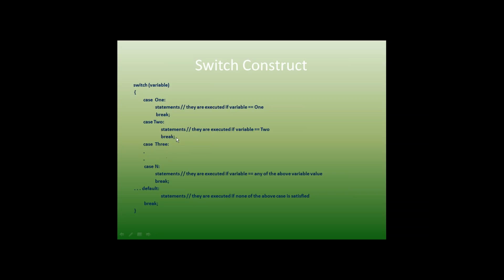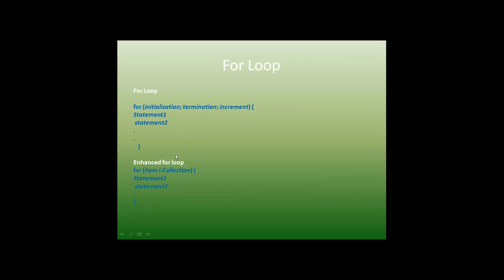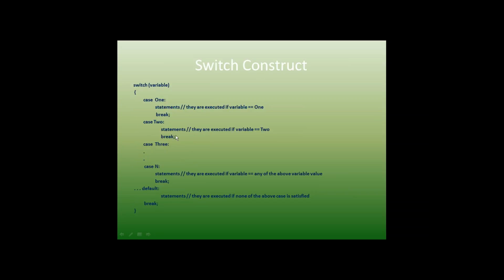So that's why we are putting break here. Once we have the matching value, it executes the statement, and break takes the execution out of this switch. That's why we use this break.